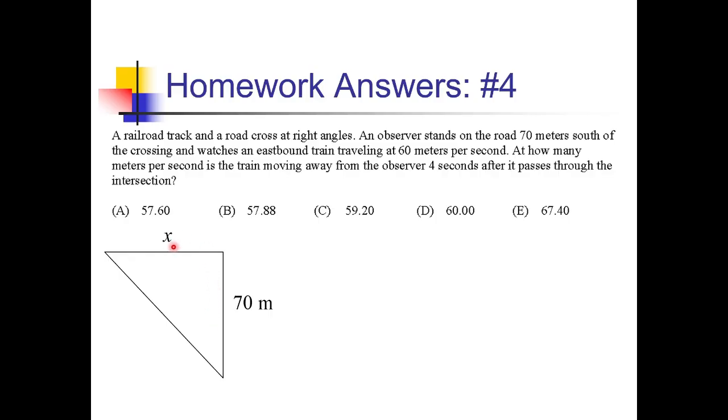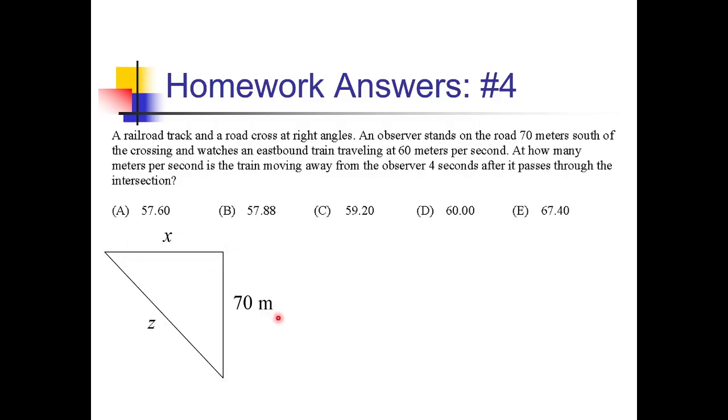So let me call this one x and this one z. So x will be how far the train has moved east, and z will be the distance between the observer and the actual train. So this x is the distance between the perpendicular spot and where the train actually is.